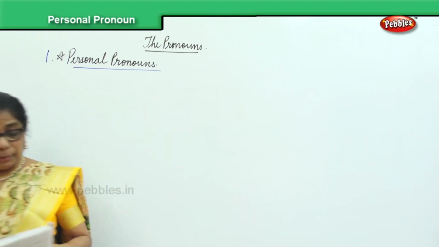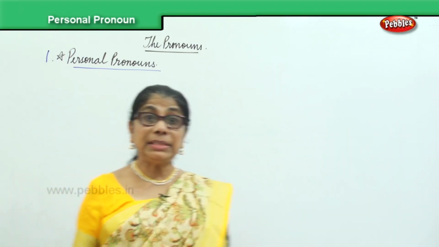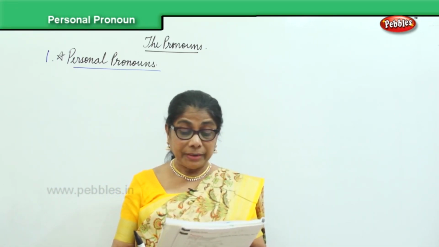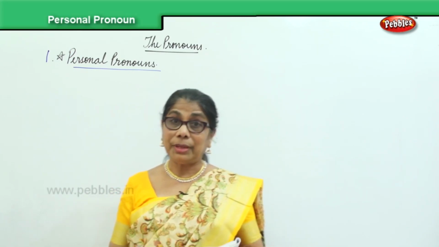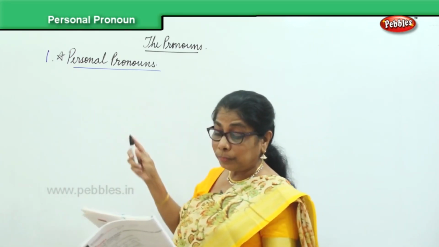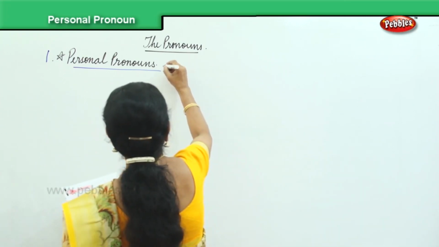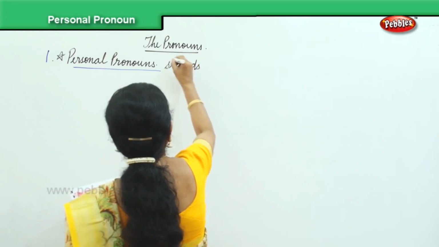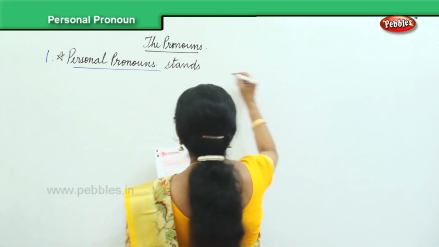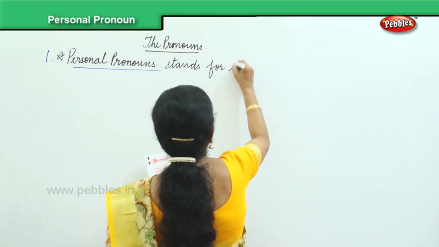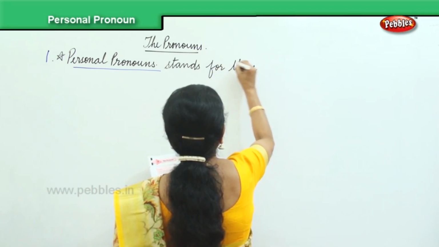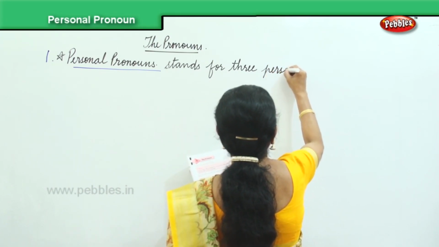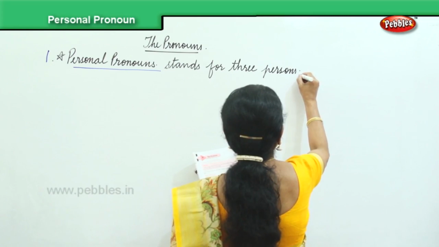Now, what are these personal pronouns? Personal pronouns stand for 3 persons, the first, the second, and the third. Now, what are these 3 persons?